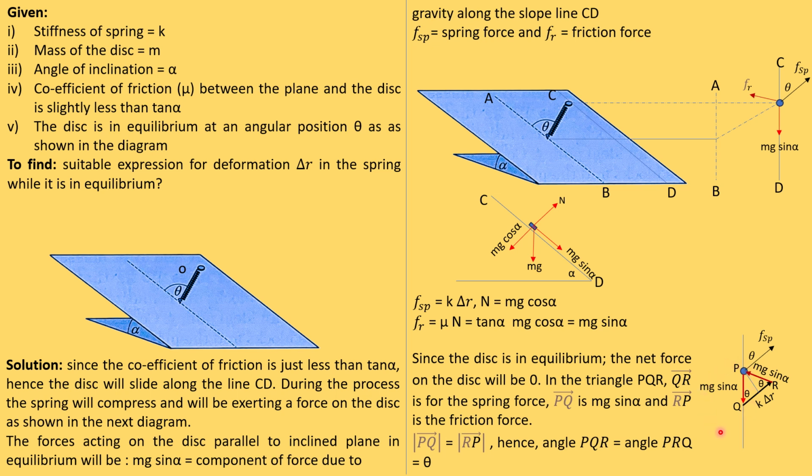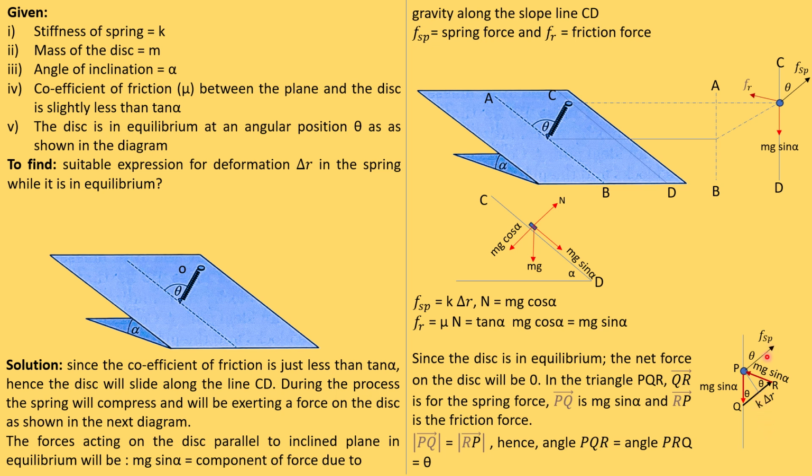Now PQ and PR are equal in magnitude, so this triangle will be an isosceles triangle. This angle is theta, so this angle also has to be theta.